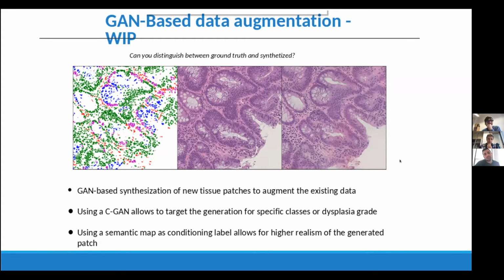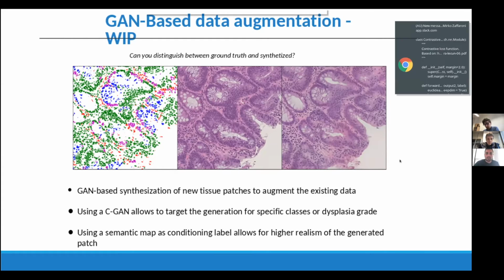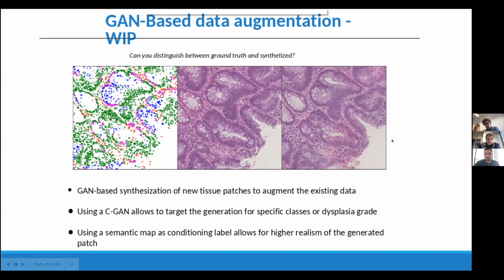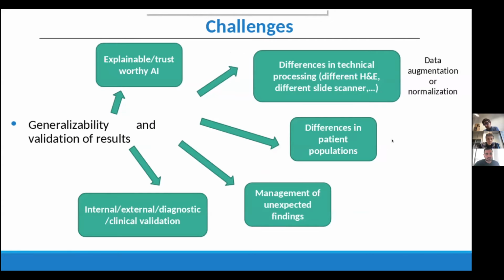In this example, we are working on a conditional GAN-based pipeline to synthesize new tissue patches. The aim of this work will be to further increase the accuracy of our model, especially for dysplasia grading, which is the most important task of it all. And that's something we are working on actively now.